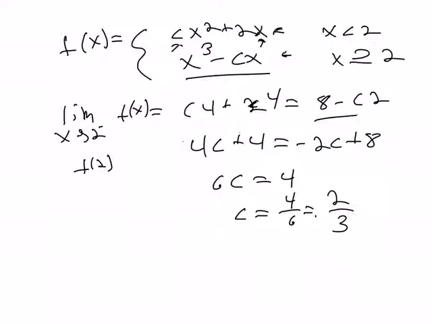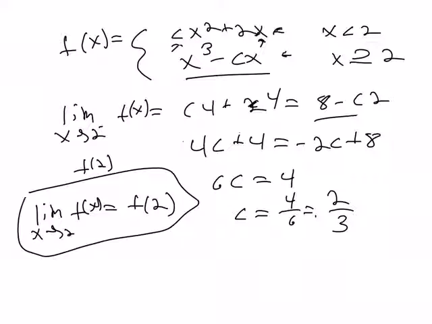So that's what we want c to equal. So when c is equal to 2 over 3, the limit as x approaches 2 both from the right and from the left of f of x is going to be f of 2, and we're going to have continuity because we checked this. We did that over here.